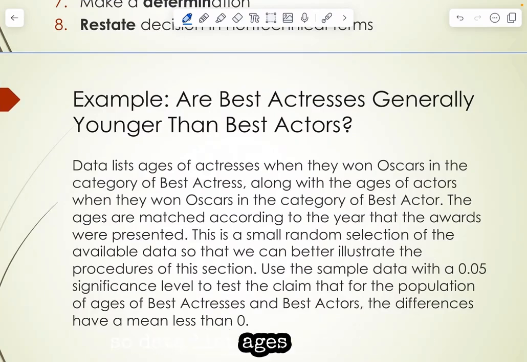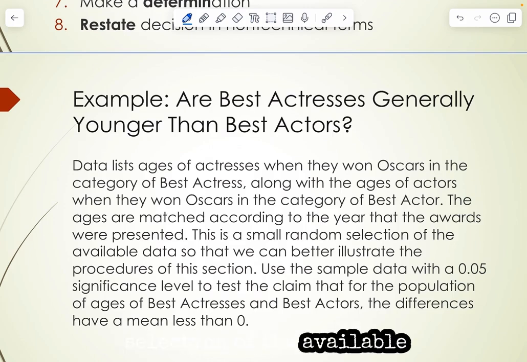Okay, so the data list the ages of actresses when they won Oscars in the category of Best Actress, along with the ages of actors when they won Oscars in the category of Best Actor. The ages are matched according to the year that the awards were presented. This is a small random selection of the available data so that we can better illustrate the procedure of this section.